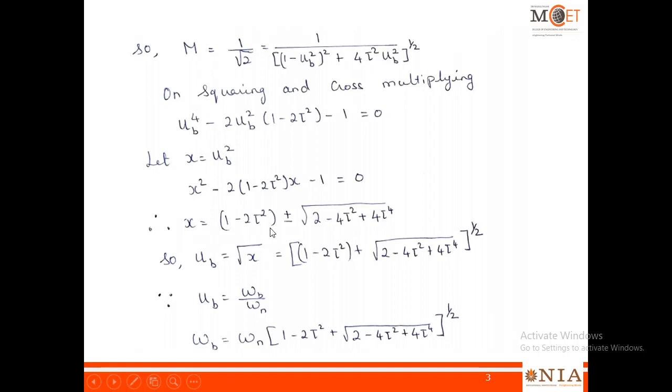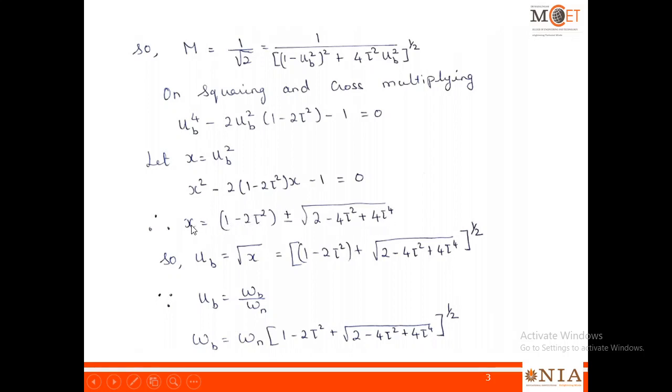You will get two roots, one with plus sign and one with minus sign. Since frequency cannot be negative, we are not going to take the root with the negative sign. We are going to take only the root with the plus symbol.